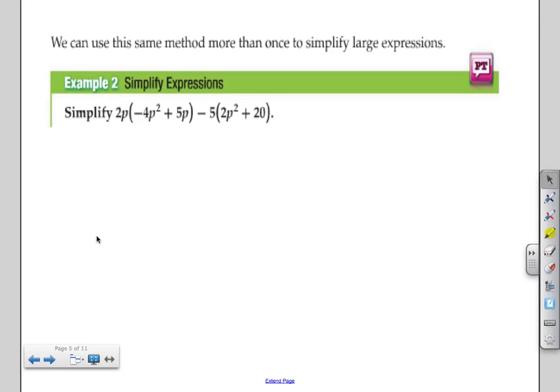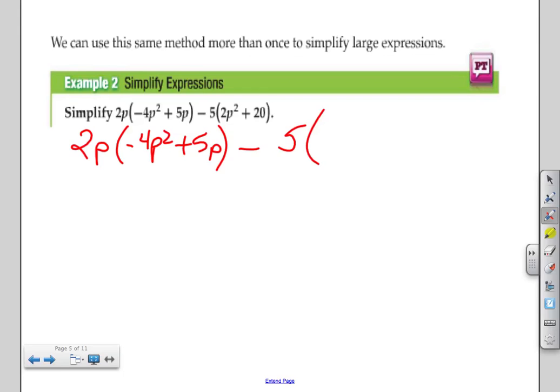Okay, you can use the same method more than once to simplify larger expressions. So here we have two things to distribute, right? We have 2p, and we're going to distribute that into negative 4p squared plus 5p. And then we're going to subtract 5, which has to be distributed into 2p squared plus 20.